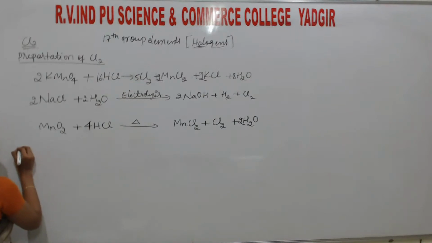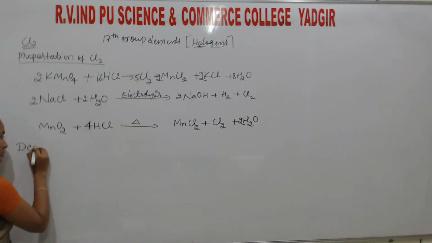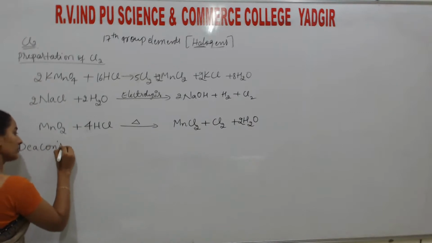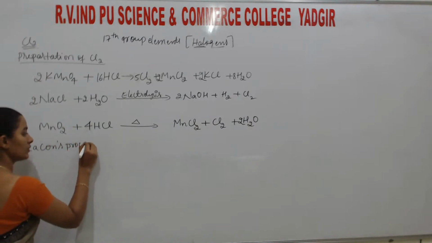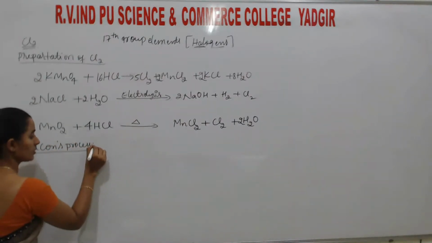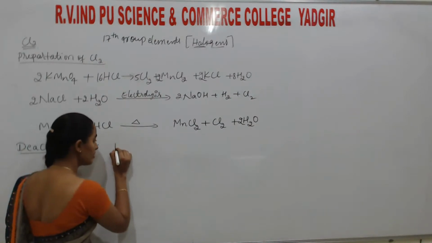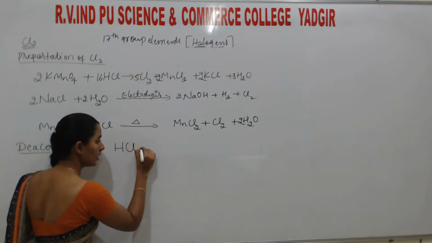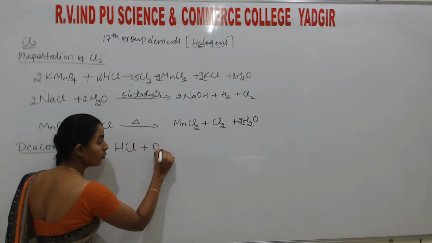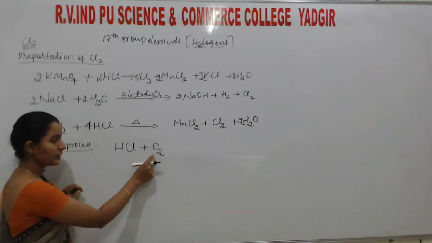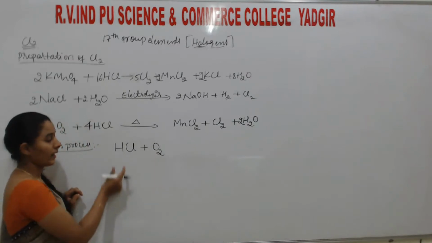The next important process of preparation of chlorine is called Deacon's process. How is it prepared? By treating HCl with atmospheric air.